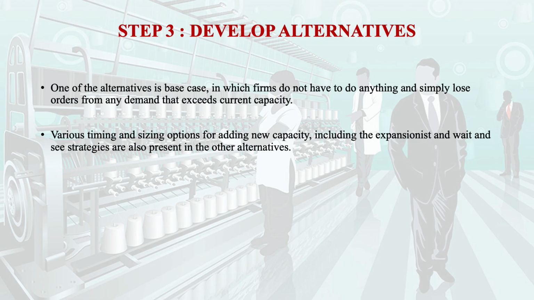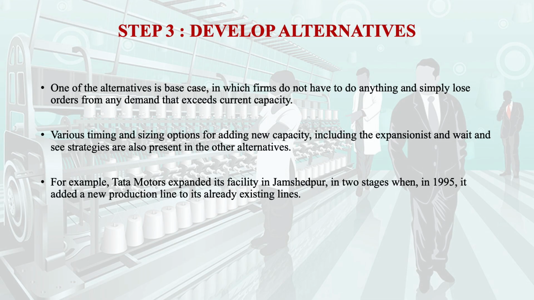Various timings and sizing options for adding new capacity, including the expansion strategy and the wait-and-see strategy, are also present as other alternatives. If I take the example of Tata Motors, they have expanded their facility in 2 stages.